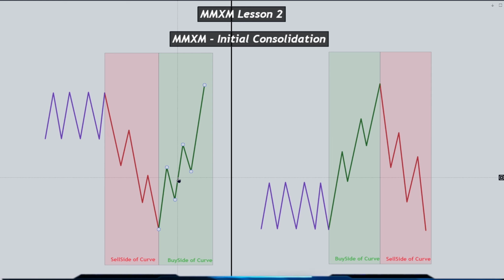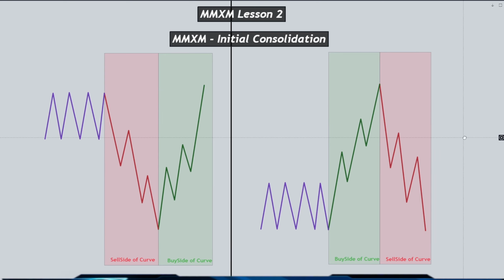But if you practice enough, you can participate in the sell side of the curve as well. Those are the main things I wanted to talk about regarding the market maker buy and market maker sell models.